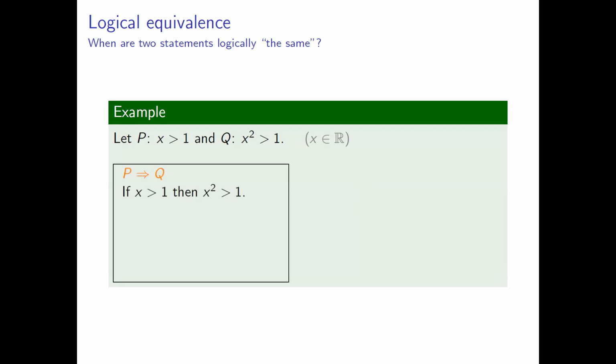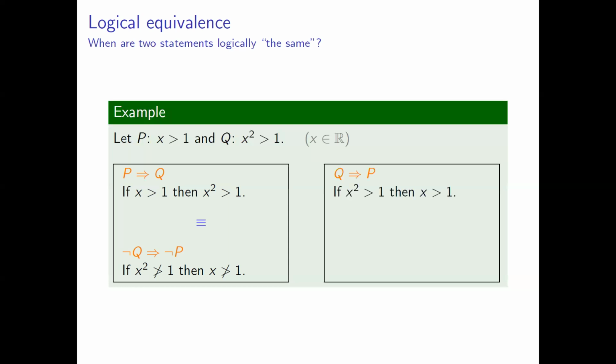The statement P implies Q is the sentence, if x is greater than 1, then x squared is greater than 1. Its contrapositive is the sentence, if x squared is not greater than 1, then x is not greater than 1. These two statements are logically equivalent.